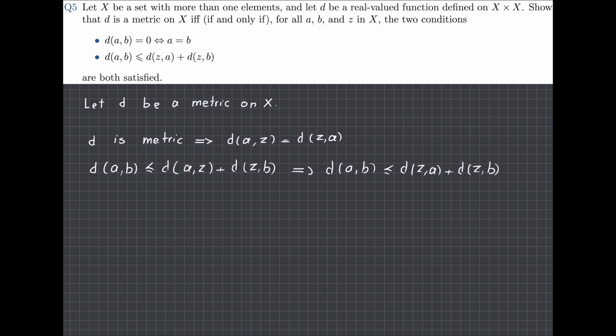Now let us assume that D is a real valued function defined on X Cartesian X satisfying these two conditions. We want to show that D is indeed a metric. Okay, so let me just write this as a summary.